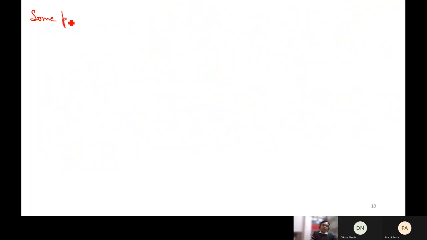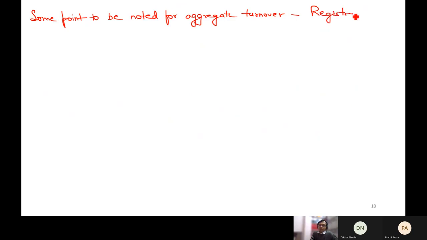Some points to be noted for aggregate turnover, for the purpose of registration. It doesn't mean that these points will be applicable at other places also where the words aggregate turnover come. No, it is only for registration.